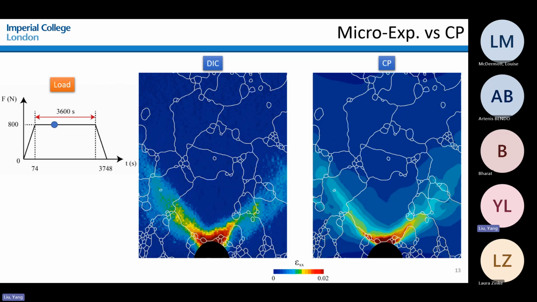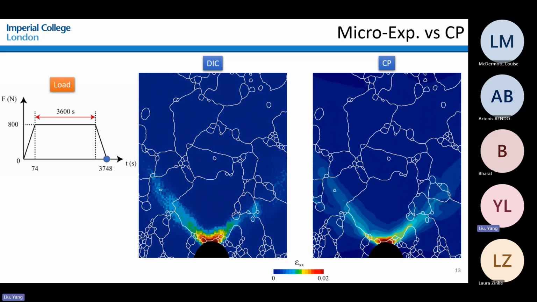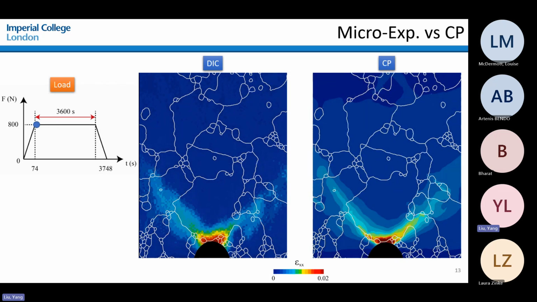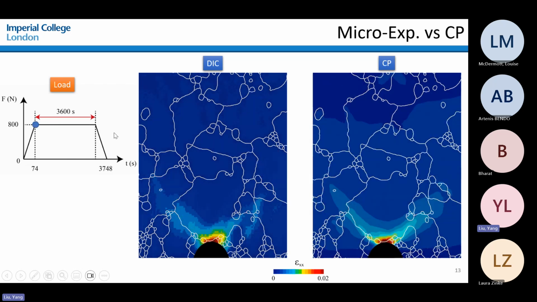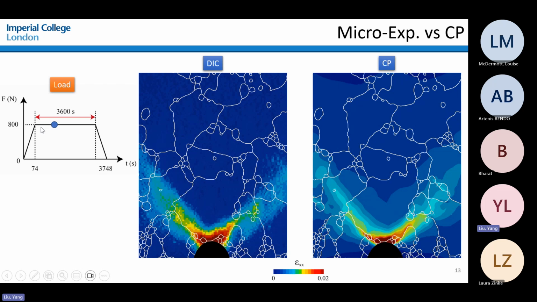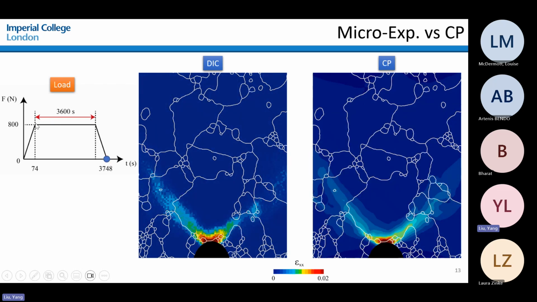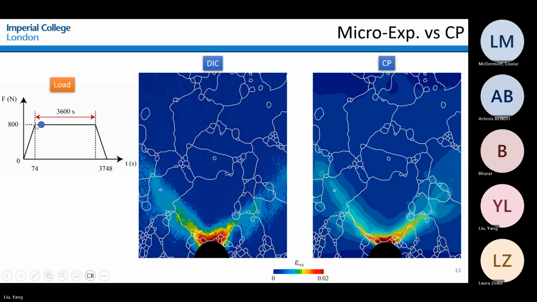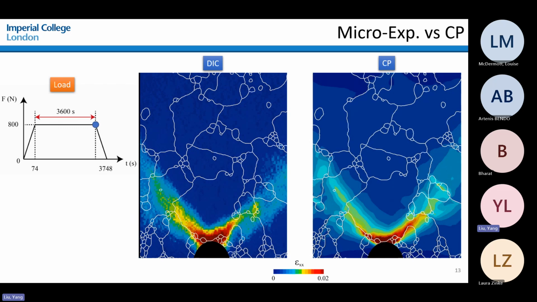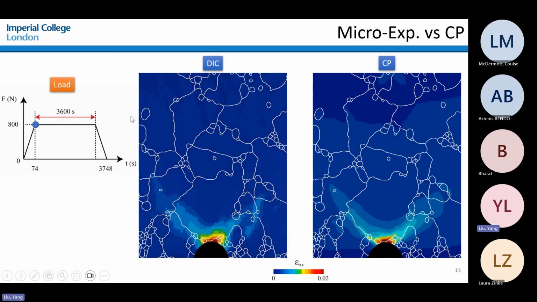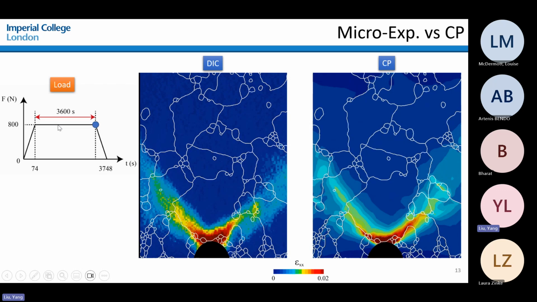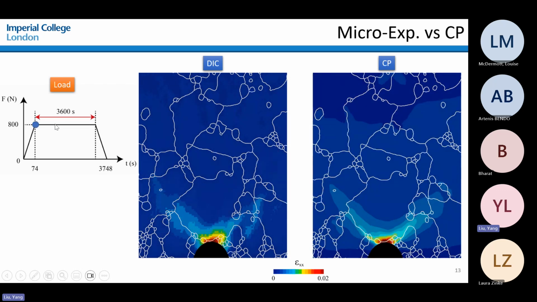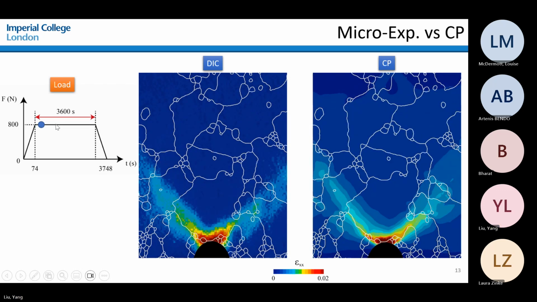Okay, so this is basically the result where you compare the experiments with the simulation. And during this 1 hour holding, you can see that at the beginning of the holding, the plastic deformation increased significantly. And then it stabilized a bit more, but still it continued to increase from, let's say, 20 minutes of the holding period.